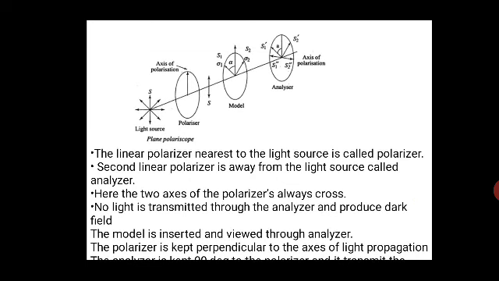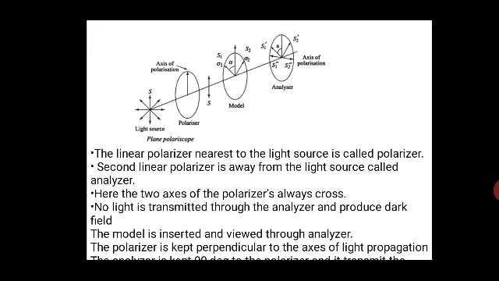When this condition holds, no light is transmitted to the analyzer, which produces the dark field. The analyzer is the last element, and if there is a dark field, then it indicates that no light is transmitted through the model to the analyzer.